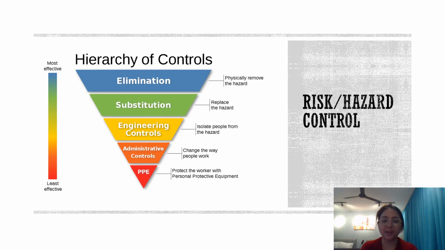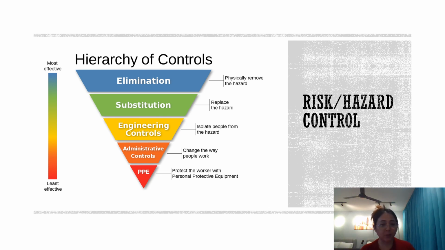The next slide is how we control the risk and hazard. Here we have the hierarchy of control, which is our main framework. The first step in the hierarchy of control is elimination. In this elimination step, we physically remove all the hazards in the situation.